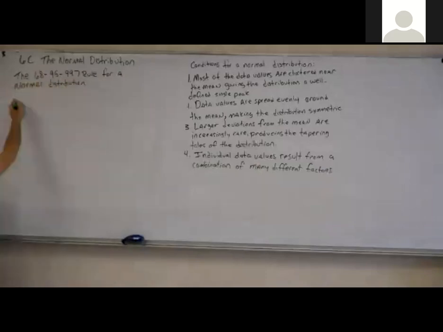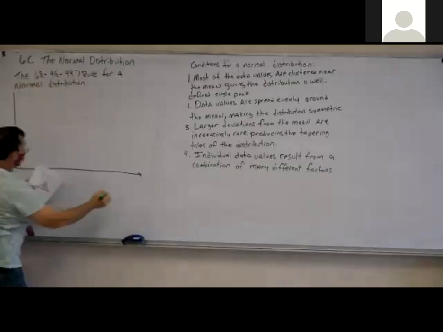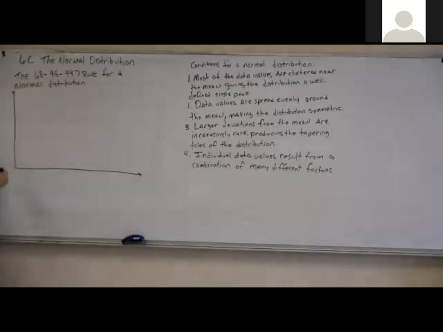All right, I'm going to draw this. This is going to be the frequency on the y-axis. I'll draw that where that'll come down here. So frequency. Remember, frequency is how many times you get those values.